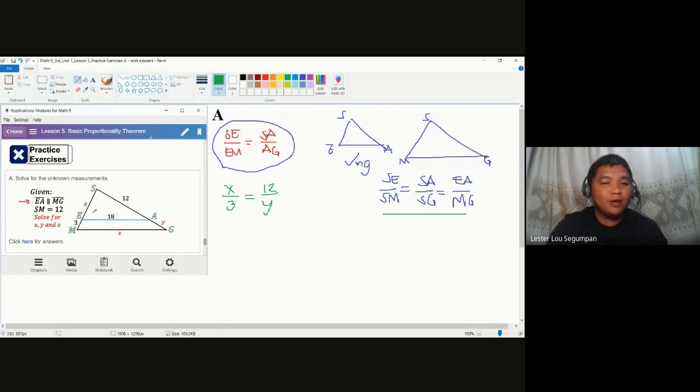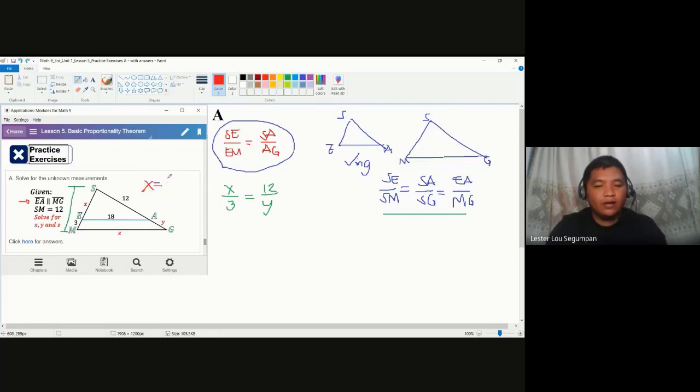We could solve this problem in two different ways if you want to, but we could actually use this here, as we all know that SM is 12. So if SM is 12 and EM is 3, we know that x should be 9. Therefore, the first solution, x is equal to 9.